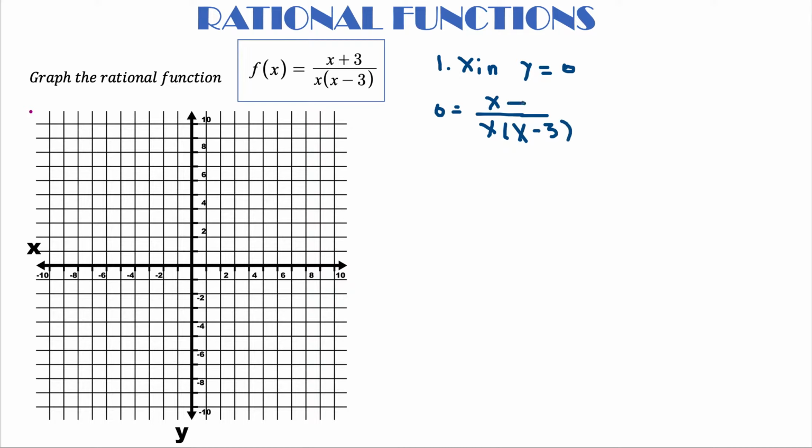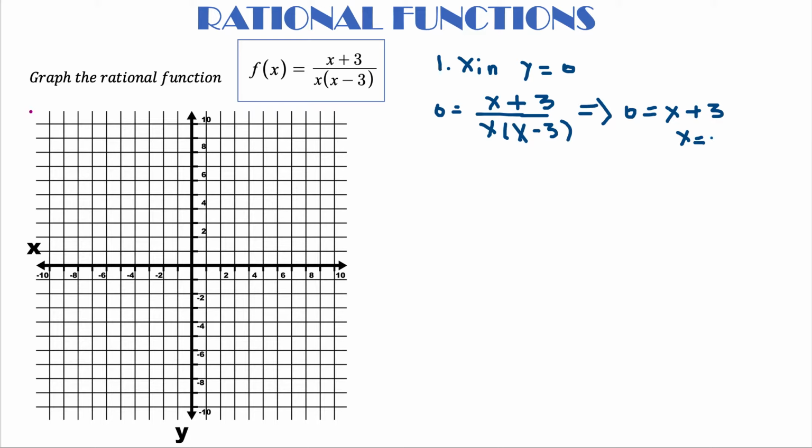But if we multiply this equation by x times x minus 3, the x times x minus 3 is going to disappear, and this implies 0 is equal to x plus 3. And if it's x plus 3, we already see here x is equal to minus 3.